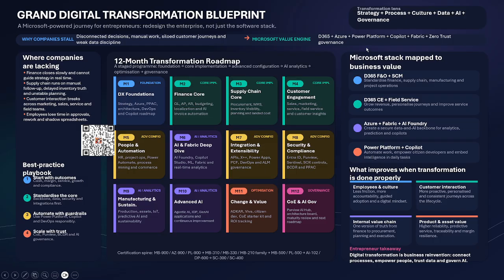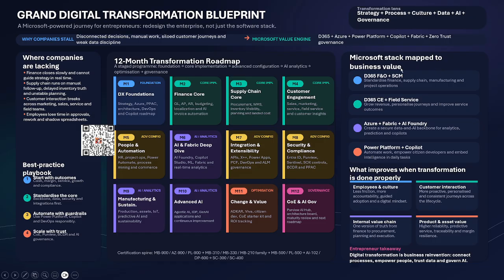We have Power Platform, which helps us to extend and integrate these applications. There is Microsoft Copilot, which gives the functionality to use artificial intelligence in this system. There is Fabric and Power BI, which help us to visualize the data, and there is security inside the system.